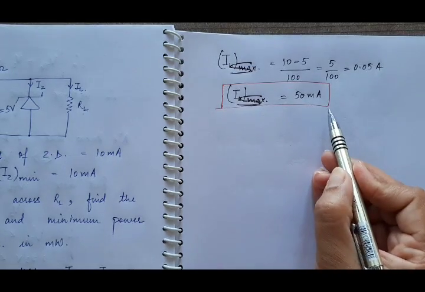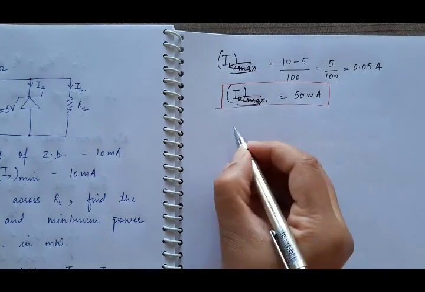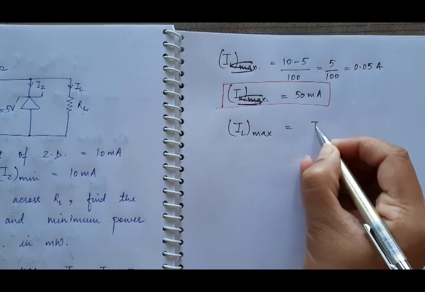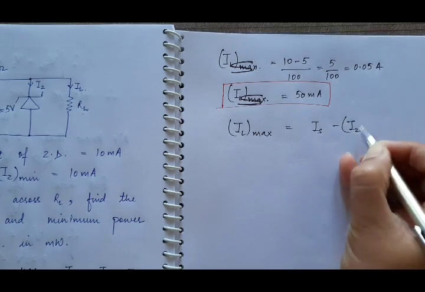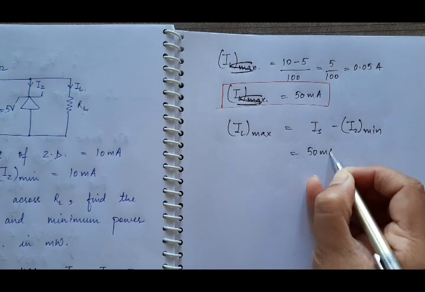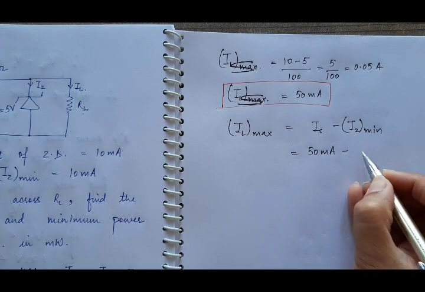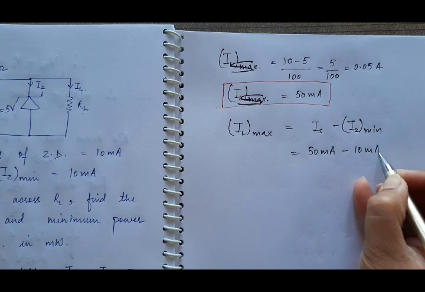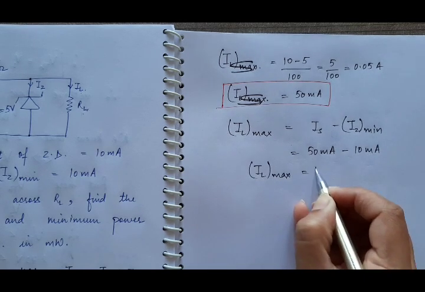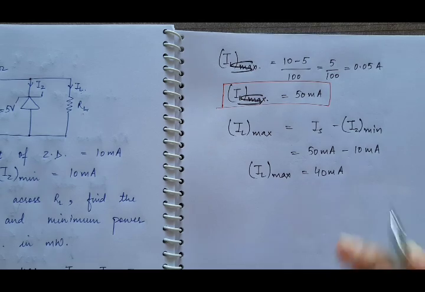It is 50 milliamperes. So we have to calculate IL max, and we know that IL max is equal to Is minus Iz minimum. So this is 50 milliamperes minus the knee current through the Zener diode, which is given as 10 milliamperes. So IL maximum is 40 milliamperes.